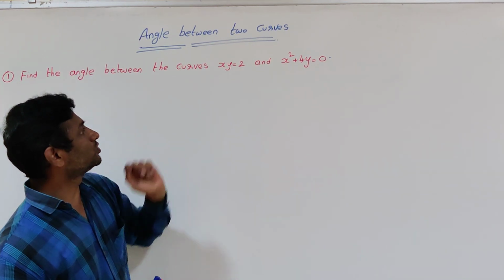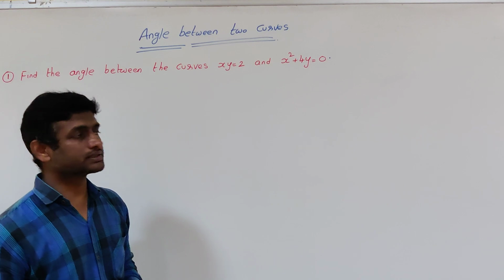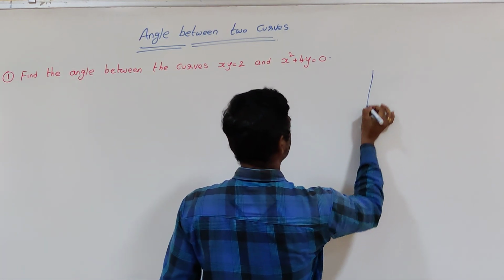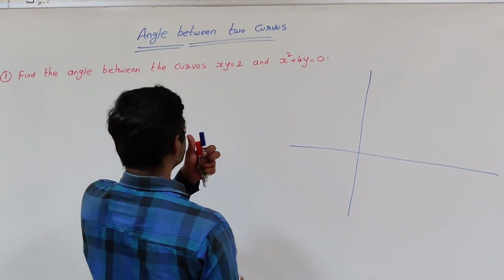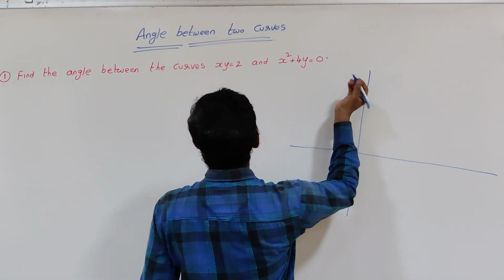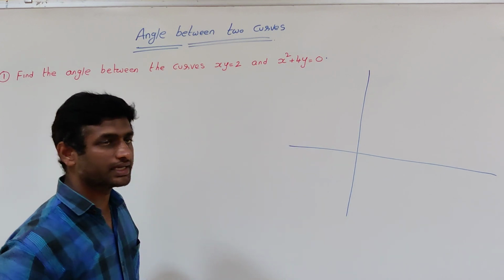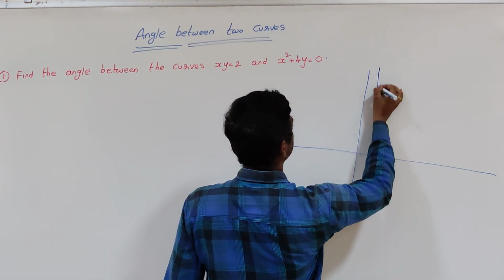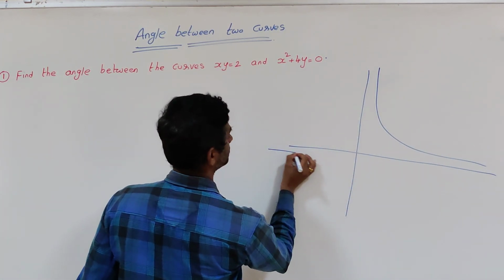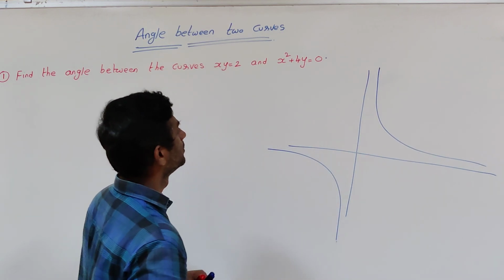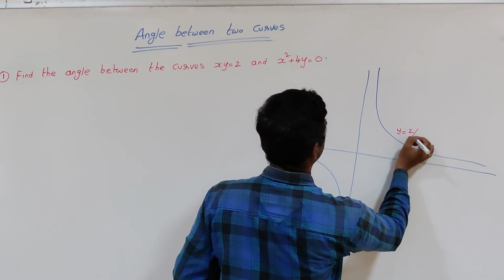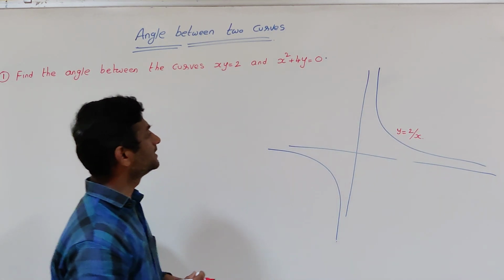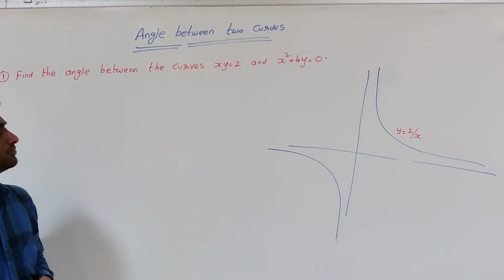As xy is equal to 2 means y is equal to 2 by x, a rough sketch of the graph. So xy is equal to 2 means y is equal to 2 by x. So it will be a hyperbola. So this is the curve of y is equal to 2 by x, where it is not defined at x is equal to 0.